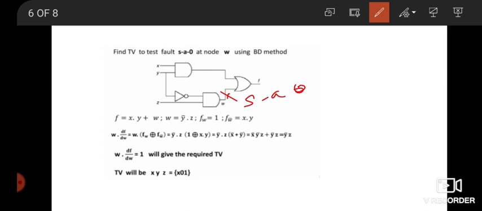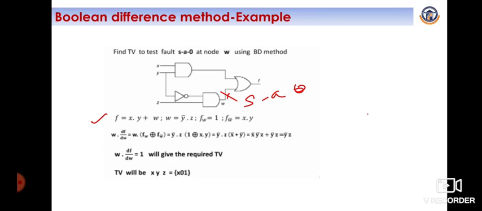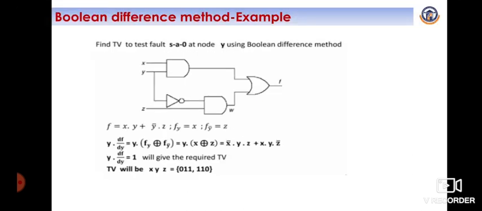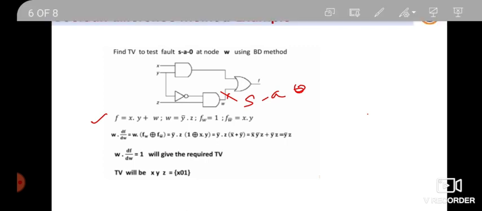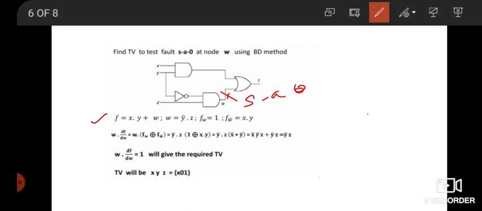Already we know the expression of this circuit, f equal to x dot y plus y bar z, but in this slide you can directly write x dot y plus w.